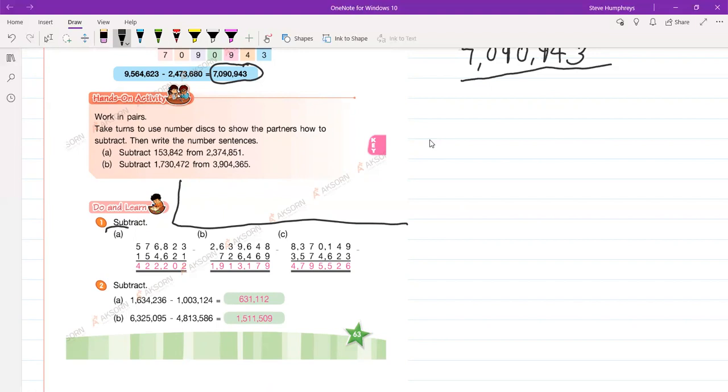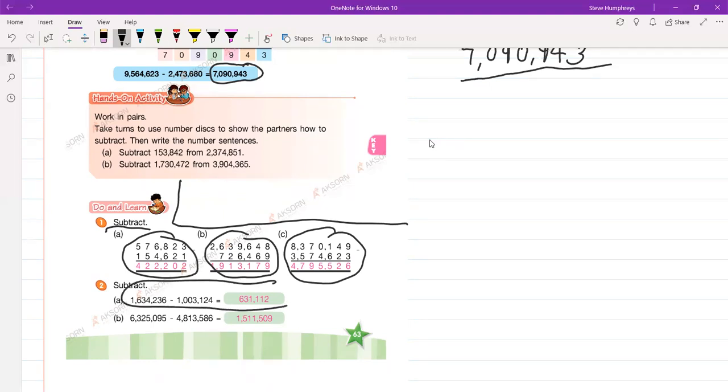Subtract. Do 1A, B, and C. And do number 2, A and B. You'll need a bit more room to do these. Okay, use a piece of paper to do your work in.